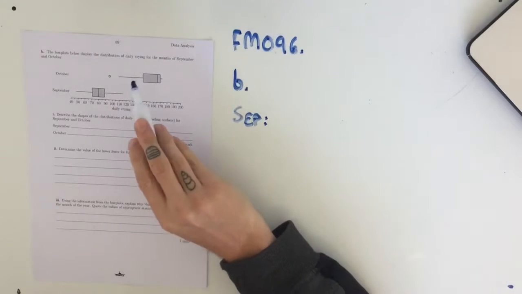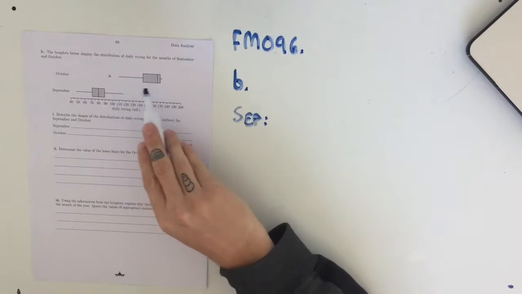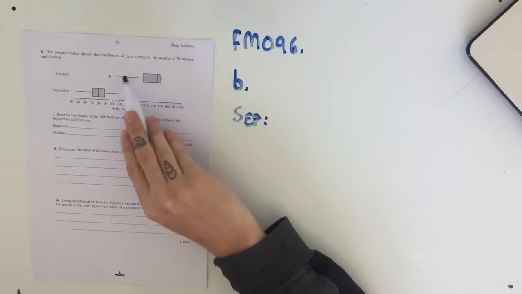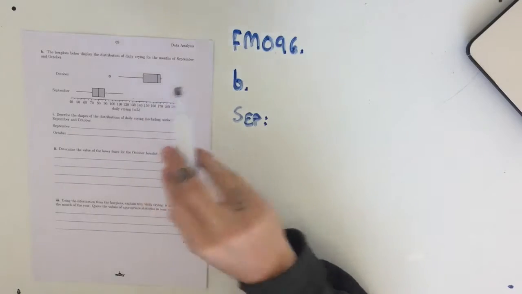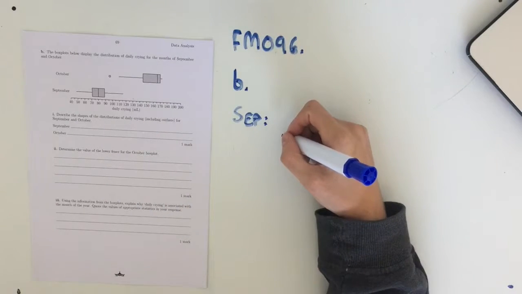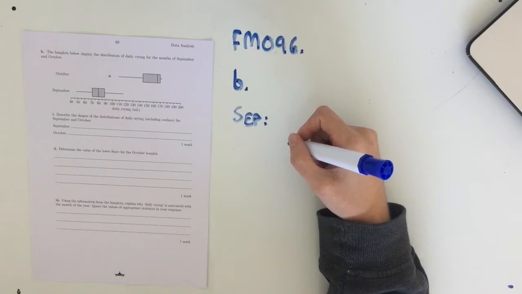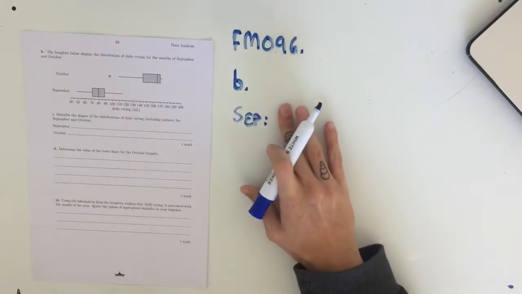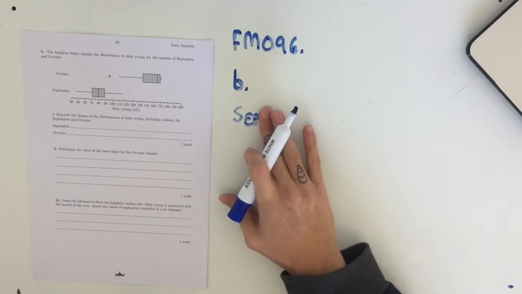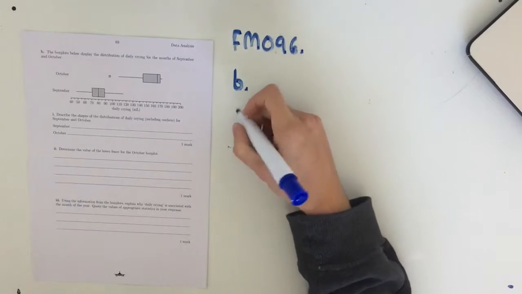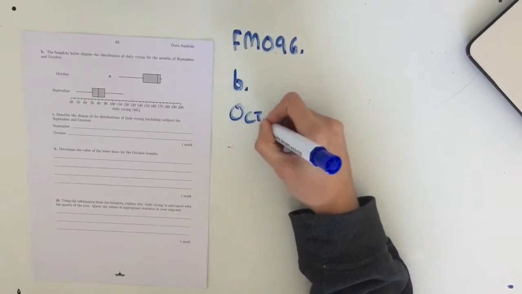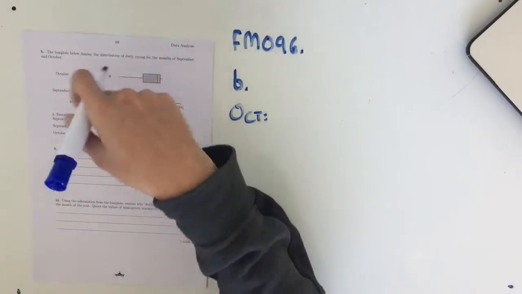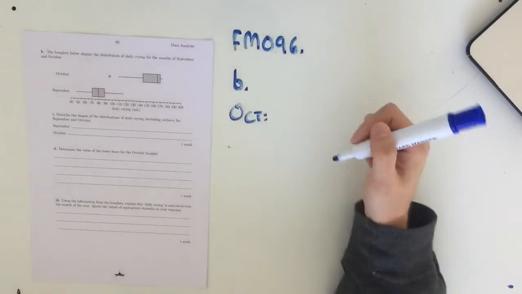Now we can see here that September is negatively skewed because we've got this long tail coming off the end and this clustering happening up on the top half. So first of all, we know that September is, sorry, not September, October. My mistake, guys. So October is negatively skewed, and we have this outlier over here.